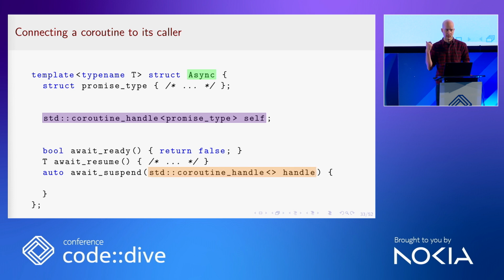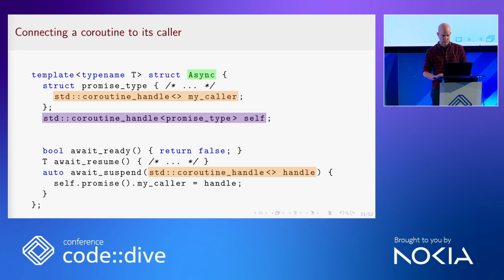And that is the outer function handle here, right? So we really have two different handles here. The one that we stored at the creation of the async object, that's the one that's pointing to the inner object. But this now here is a handle to the outer function, which is the function that co_awaits on this object. So we also store this away.